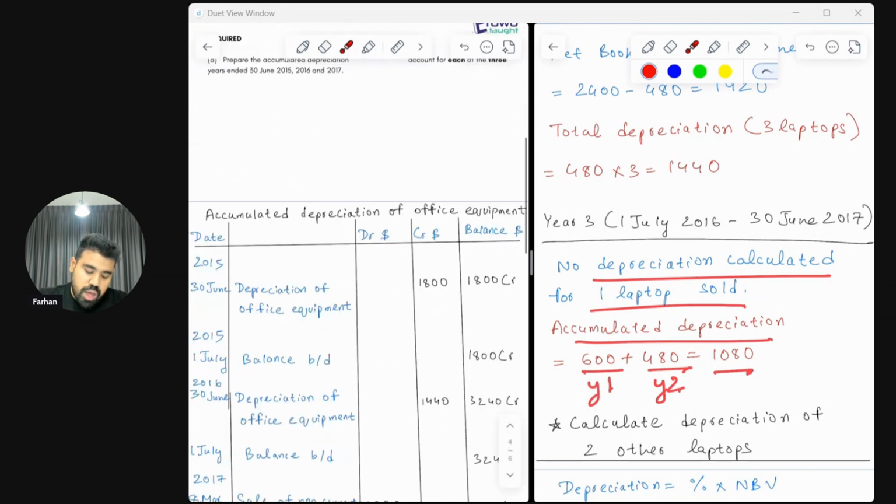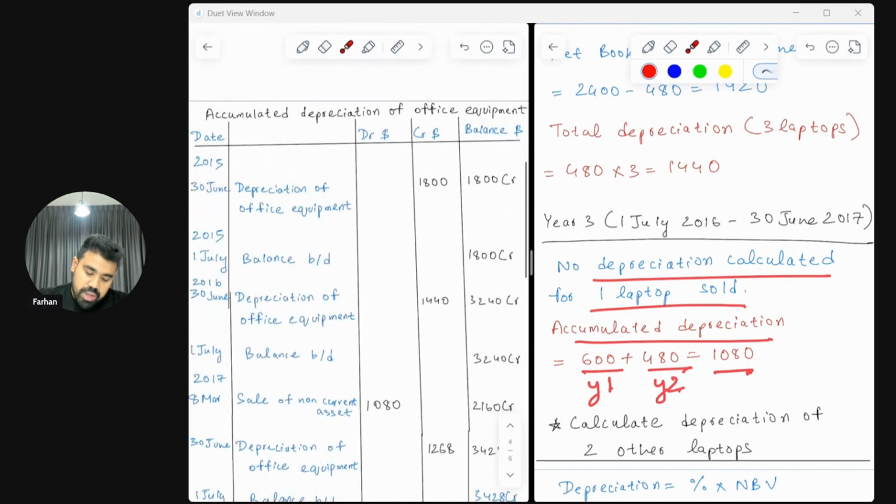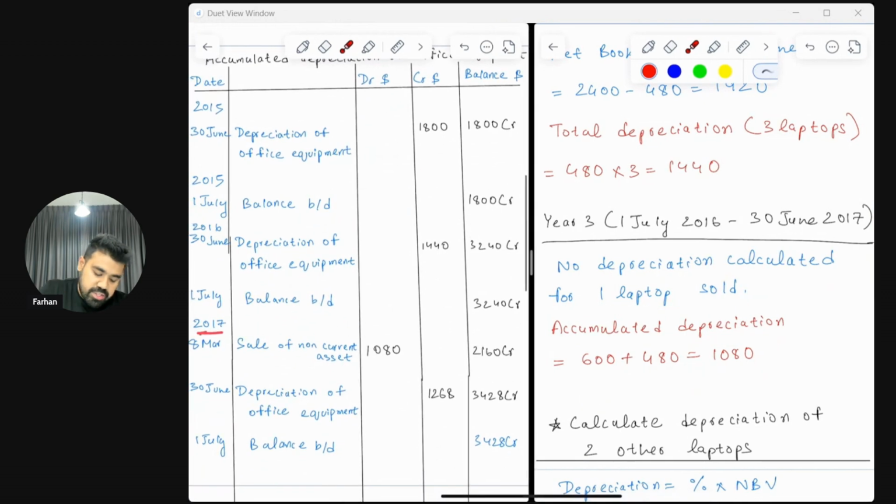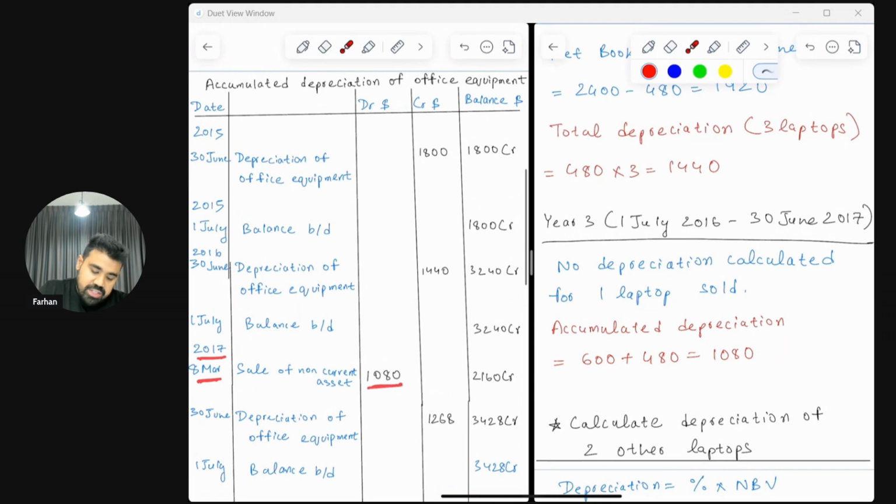So I'll take you to the accumulated depreciation of office equipment account, and you will see that in the year 2017, on 8 March, I included $1,080 within the debit column of the accumulated depreciation of office equipment account, and the cross-reference for the account that I have used in this case is the sale of non-current asset.